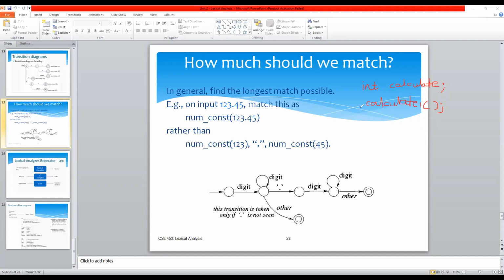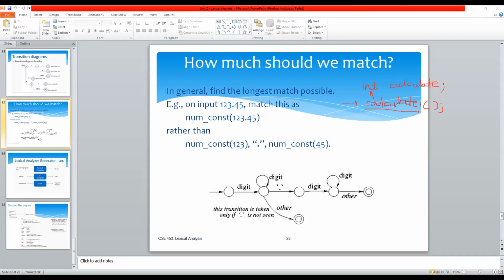Now, if from this line I go on reading only up to calculate, what will happen? Instead of a function call, it will consider this as the integer variable, because a token match has happened. I got that calculate is an already defined integer variable. So instead of a function call, it will start working as a variable. But will it give me the proper output?